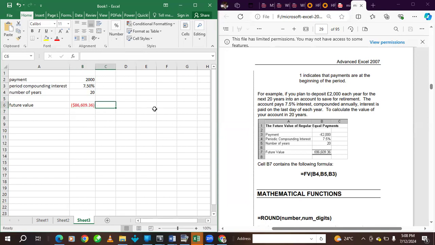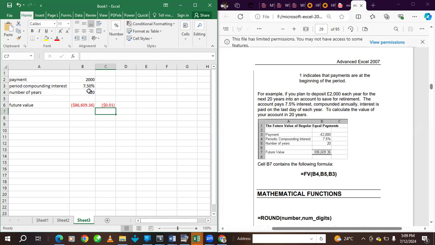So let us try to figure out, assume we have not arranged the figures correctly. How will you understand that this figure is wrong? Let us test it as a scenario. Equal to FV, you type equal to FV into bracket. Assume we just want to multiply them directly. Will you get the same answer? Let us see. You will not get the same answer.